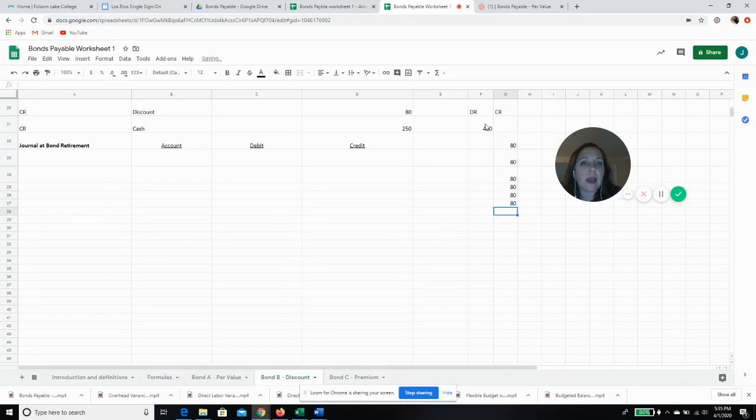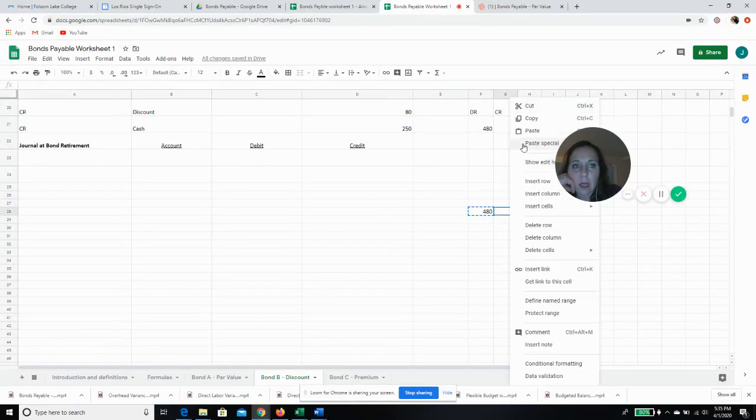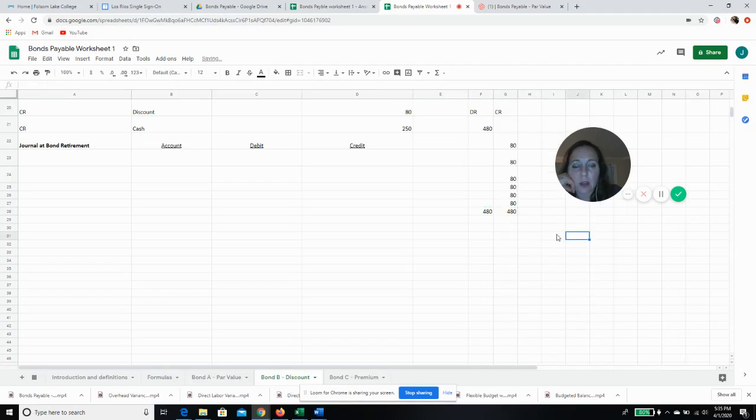So at the end of the day, we have debits of $480 and credits of $480. My total debits will equal my credits, and by the time we retire this bond 3 years later, or 6 interest payments later, that discount will be amortized to 0.